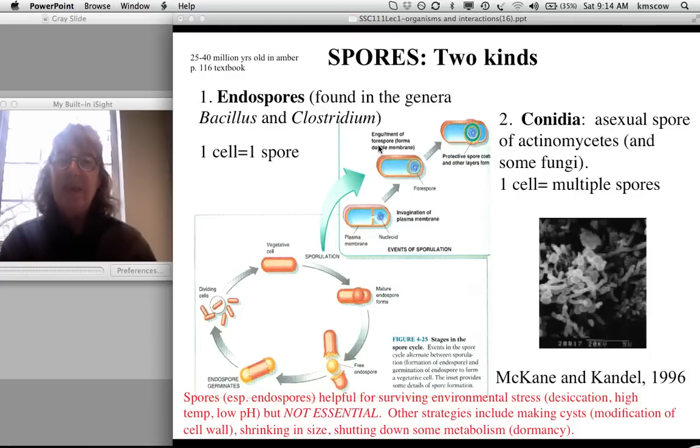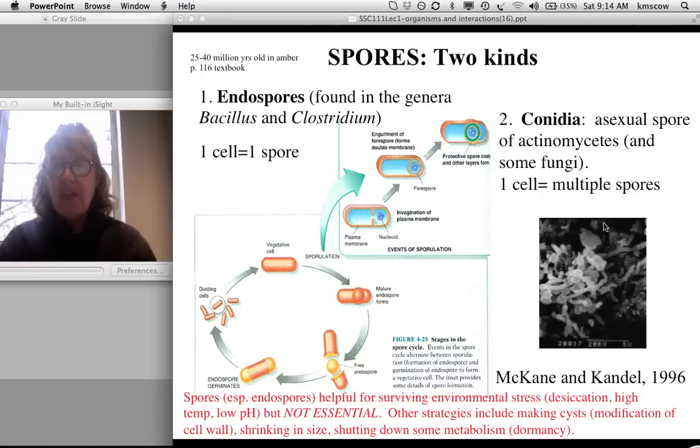It's just one specialization. Conidia are asexual spores that actinomycetes have, and that are held on these fruiting bodies that grow out of the cell structures. And in that case, one cell or one individual is going to make multiple spores rather than one cell equals one spore.